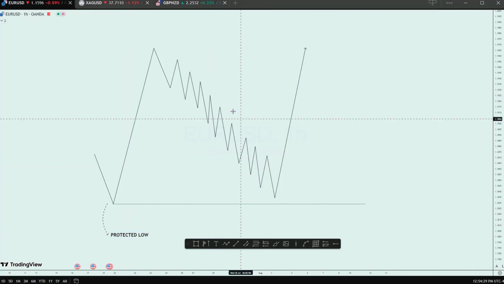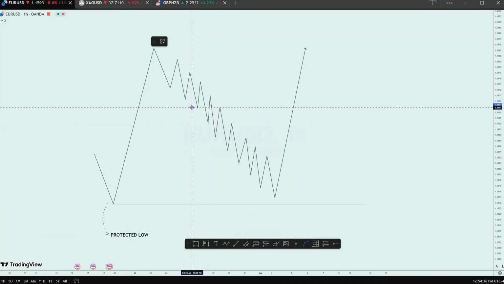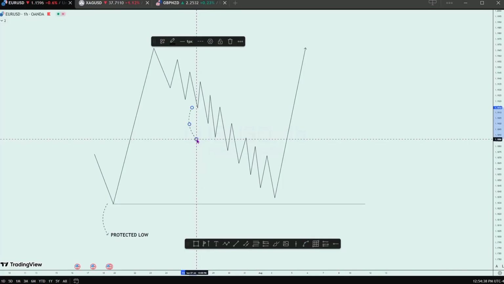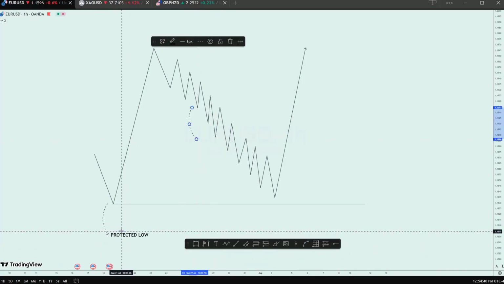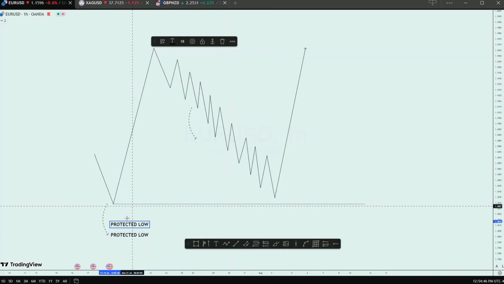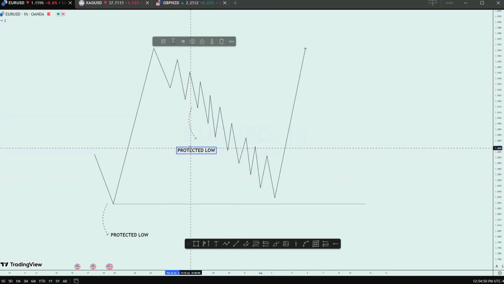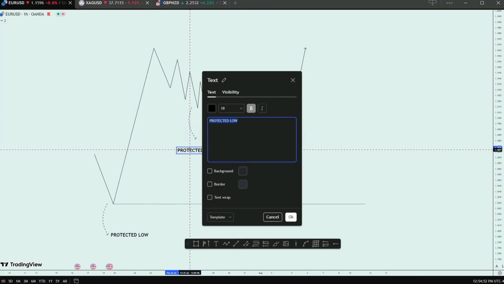Then this particular one here is, like I said, our substructure.